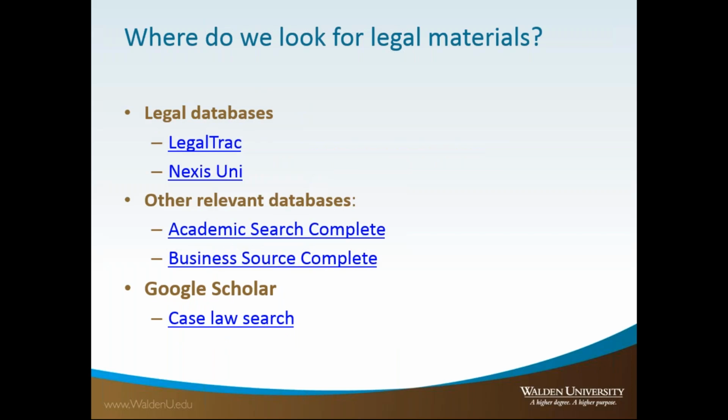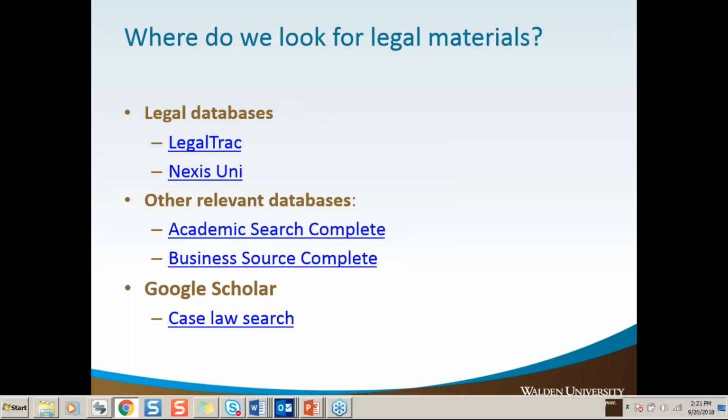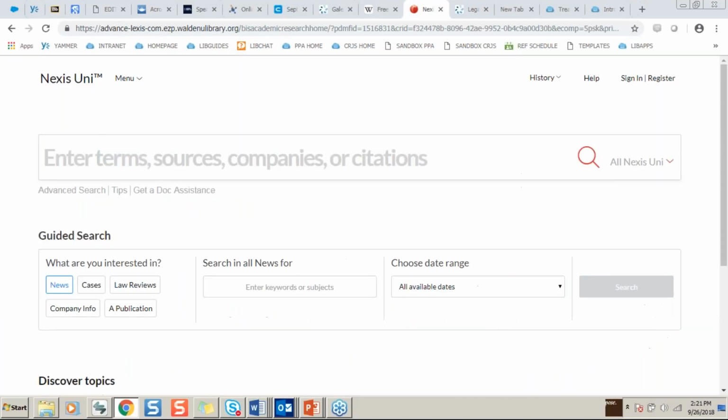And then in terms of our collections here at Walden, we are going to be using mainly these two databases, LegalTrac and Nexus Uni, although you might find some other relevant information in Academic Search Complete, Business Source Complete, and then finally Google Scholar does have a case law search, which is pretty handy. So with that being said, I'm going to navigate to Nexus Uni and take a look at this.